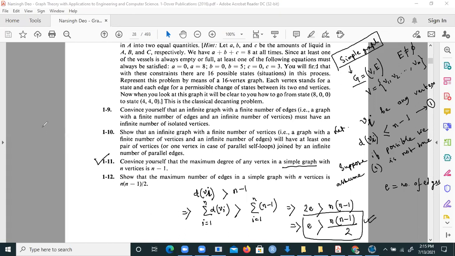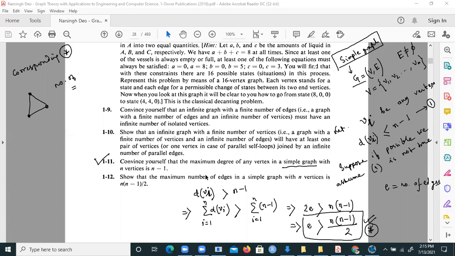Now you are trying to find a counterexample to the following result. If I call this result star, now corresponding to star, consider the simple graph which is this triangle. In this triangle, the number of vertices is equal to 3.